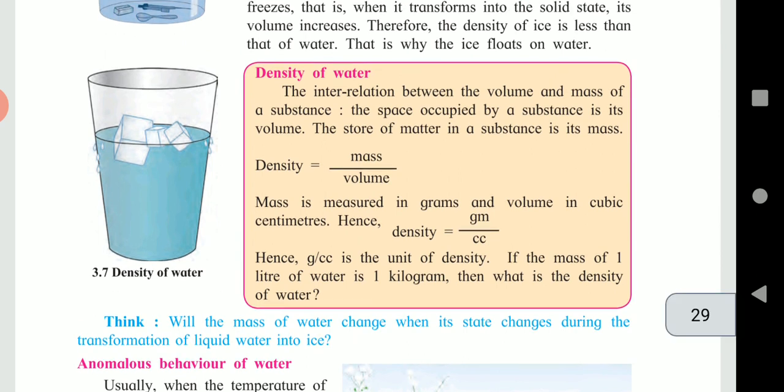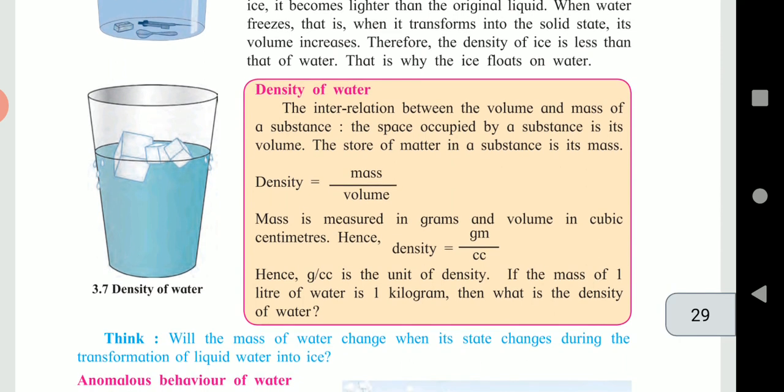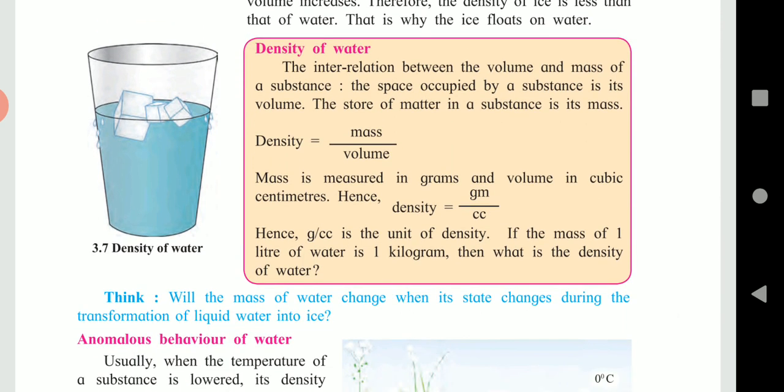When water freezes, its volume increases and it is converted into solid form, that is, ice cubes. So the density of ice is less than that of water. That is why ice floats on water. And in the above activity, the things which float on water also have density less than water. That's why those things float on water.